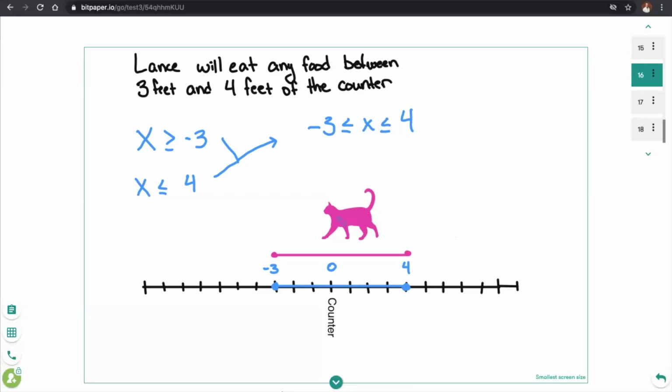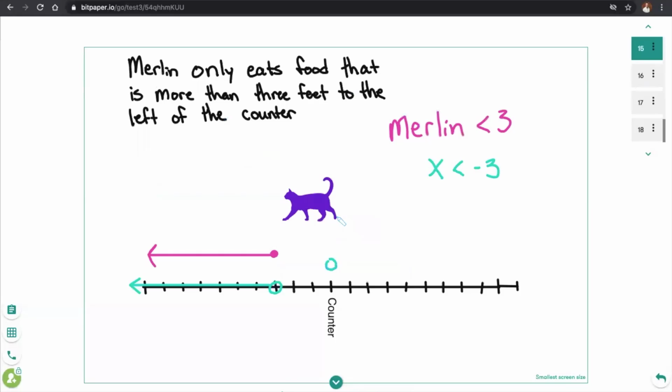Now, if we go back to our cat example, well, that's a little bit complicated to figure out where exactly we can put all of the food for our cats. But if you just think about it, Merlin has to be more than 3 feet to the left of the counter, or x has to be less than -3.